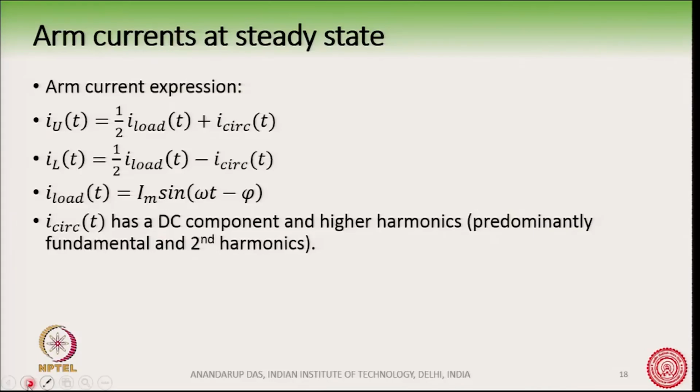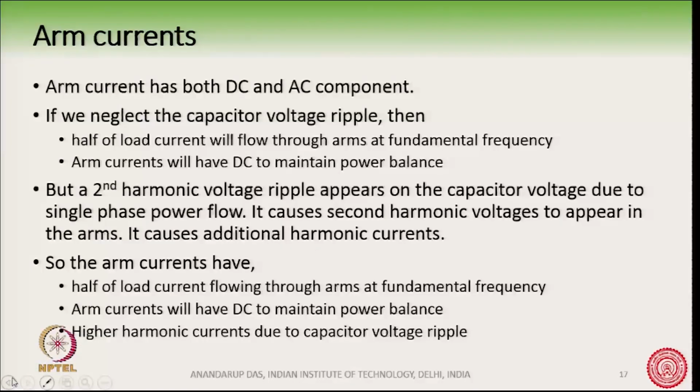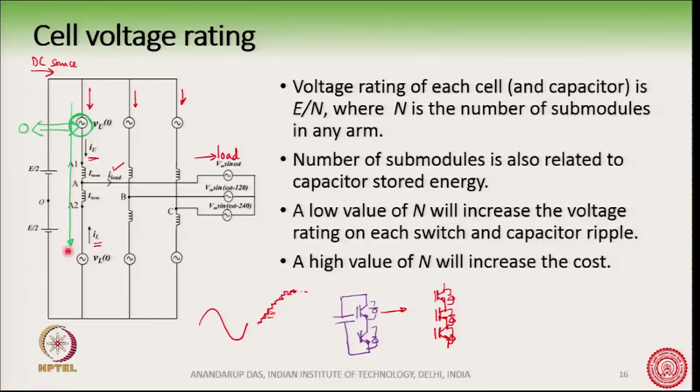expression. So, we say that I u is half I load plus I circulating, and I L is half I load minus I circulating. Okay. So, in this, this is the circulating current, and the upper arm current is half of the load current plus the circulating current, while the lower side is half of the load current minus the circulating current, right.